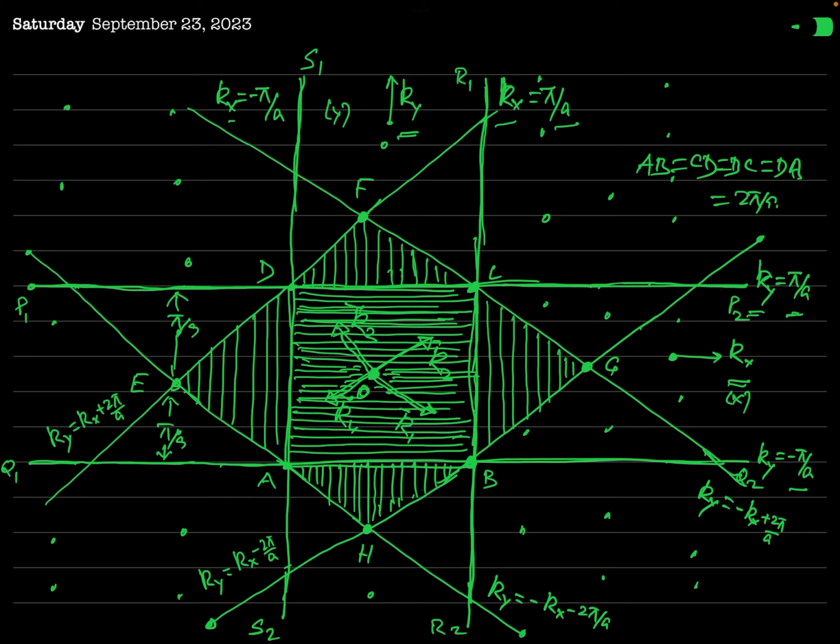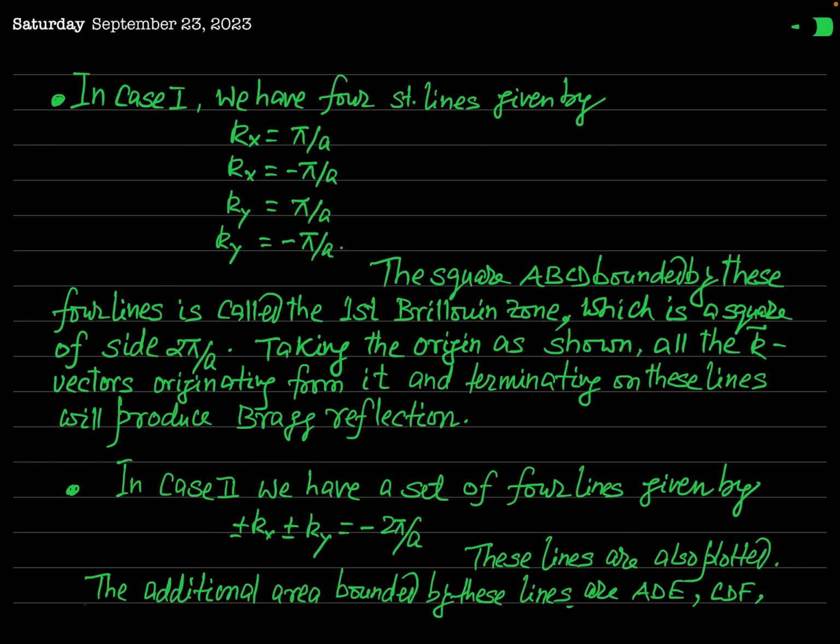And so the boundary of this square is nothing but the Bragg's reflecting plane, okay. And I think you have understood how we can construct the first Brillouin zone of a plane square lattice.